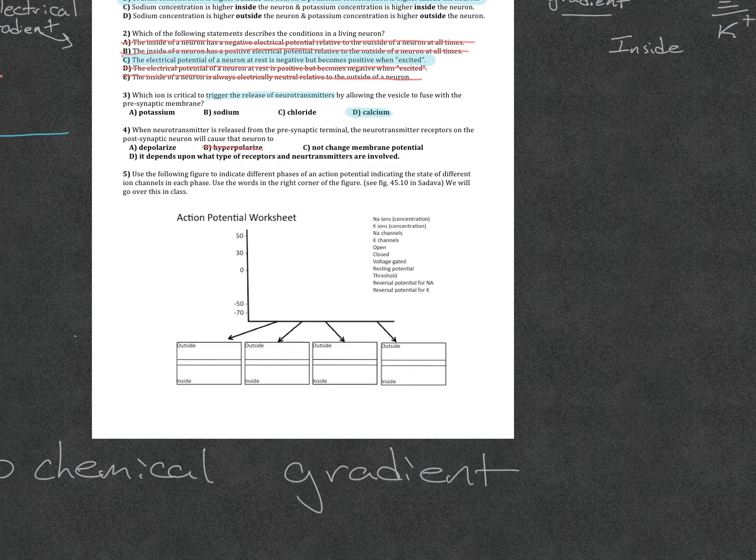Not change the membrane potential? Well, in that case, nothing happens, so why release a neurotransmitter? What is the neurotransmitter doing? It's transmitting the signal from one neuron to the other. It's the ligand that binds to the cell to open up the channels to start the depolarization.